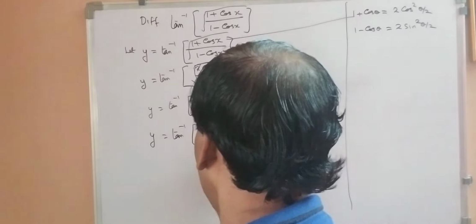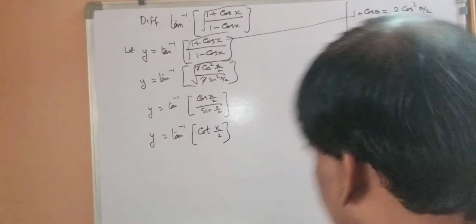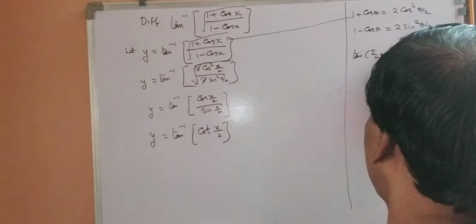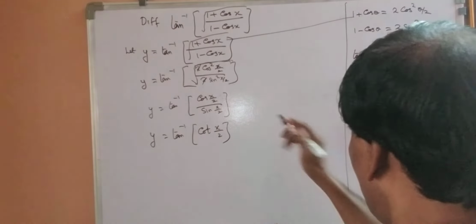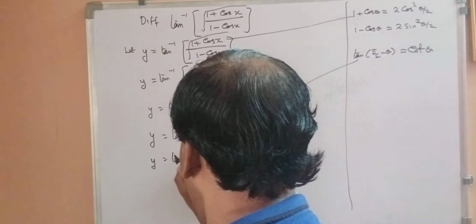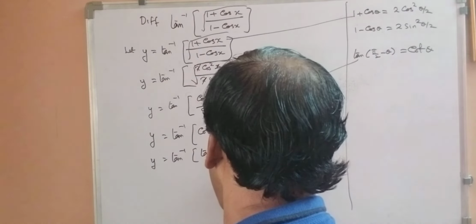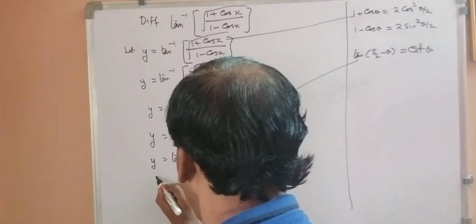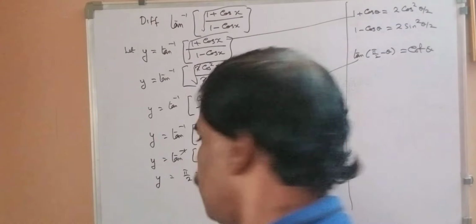Cot. Now listen very carefully. What is tan of (pi by 2 minus theta)? That is cot theta. Now look at this. So this we will write as tan inverse tan of (pi by 2 minus x by 2). This will get cancelled. So y equal to pi by 2 minus x by 2.